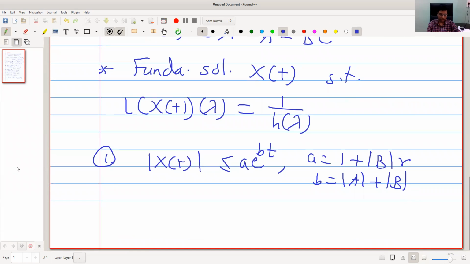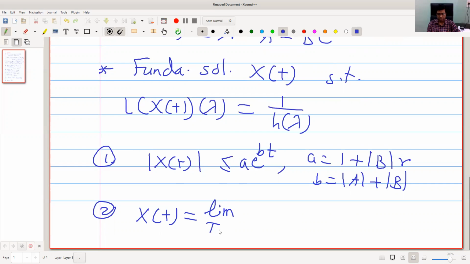The second thing we studied is the representation of x of t in terms of the inverse Laplace transform. Okay, so if the Laplace transform of x of t is this one, then x of t is given by the inverse Laplace transform.